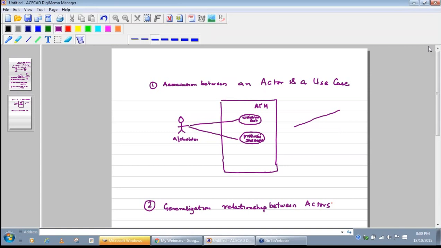This ATM administrator can also print reports and also, let us say, verify balance.